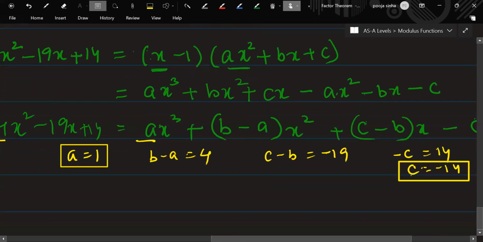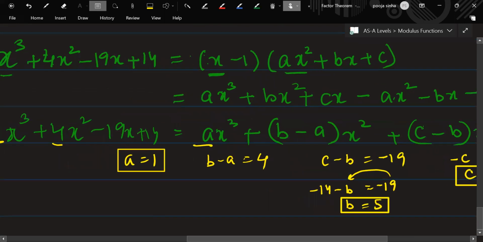In place of this, can I write minus 14 minus b is equal to minus 19? So when 19 comes on this side, it becomes plus 19, b is equal to 5. And when b is 5, then 5 minus a is equal to 4. So a is equal to 1. Clear?